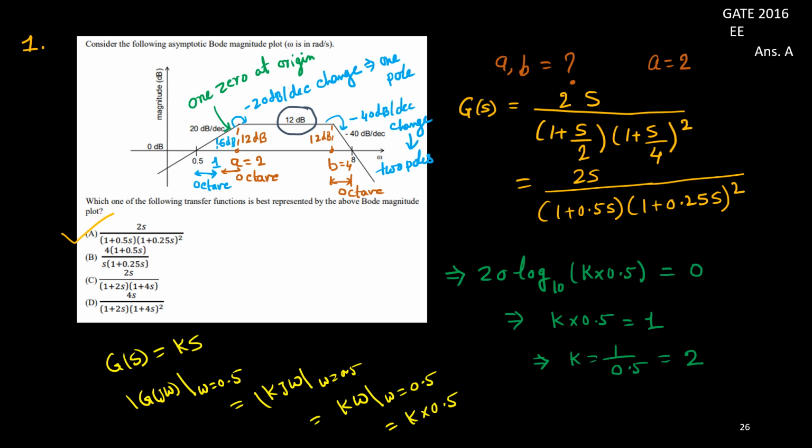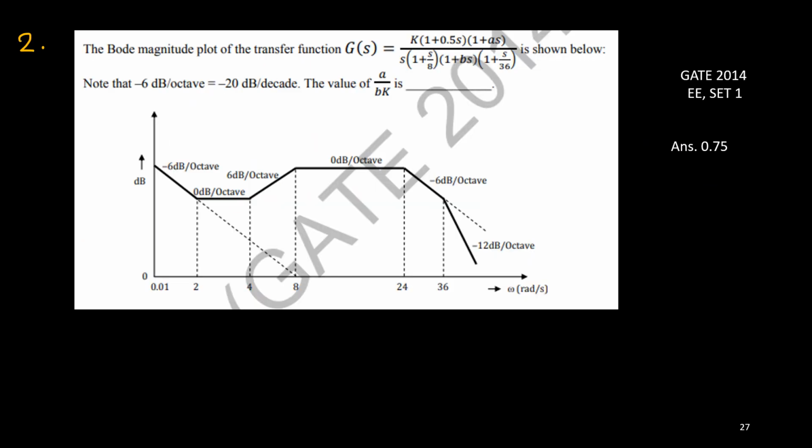Now we'll move to the next problem. Now this looks really complicated. This figure is given, the approximate Bode plot for one function G(s), and in G(s) some values are provided, some are not.